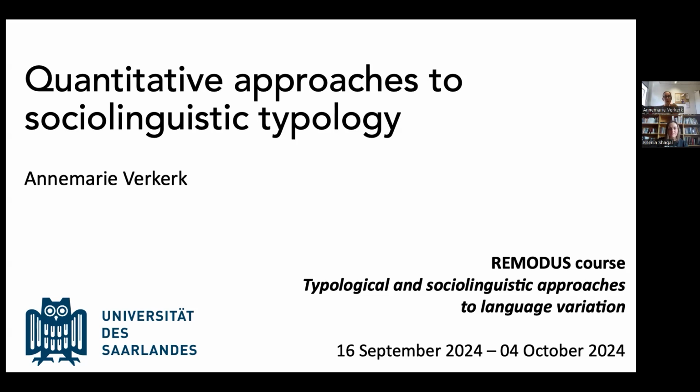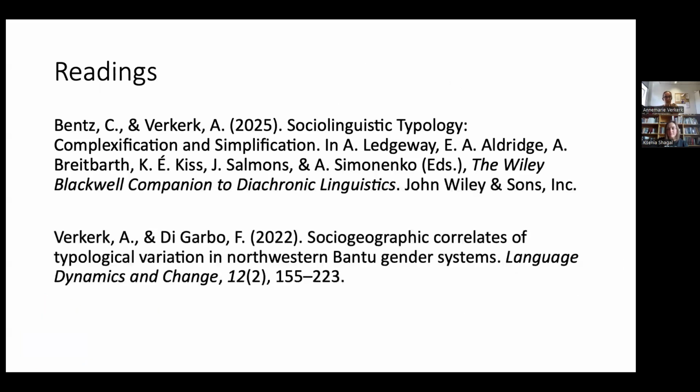So this lecture is basically based on two papers. One is not out yet, so you don't know it, which is good. It's a kind of review of what sociolinguistic typology could look like, especially looking at complexification mostly, or simplification, depending on how you look at it. And then there's the work on Bantu that I've done with Francesca Di Garbo.